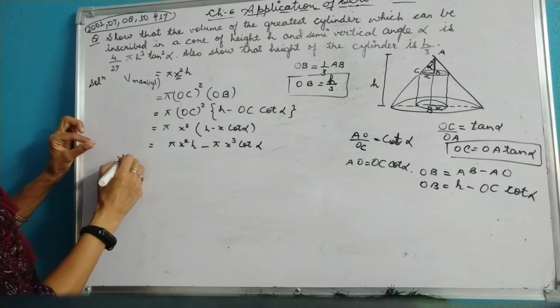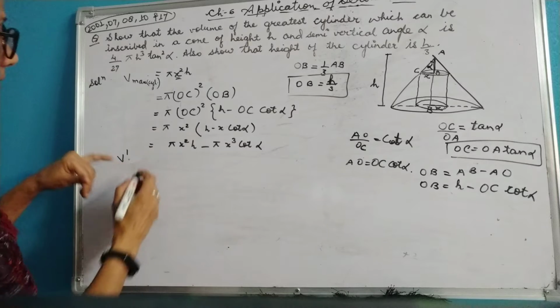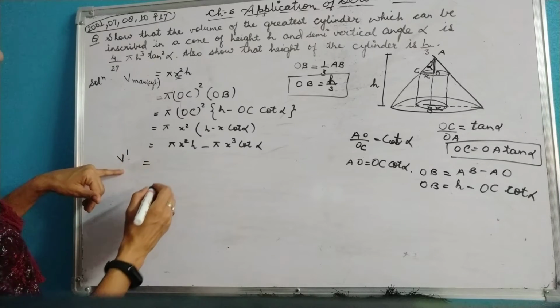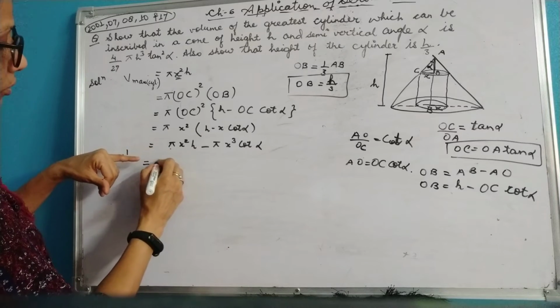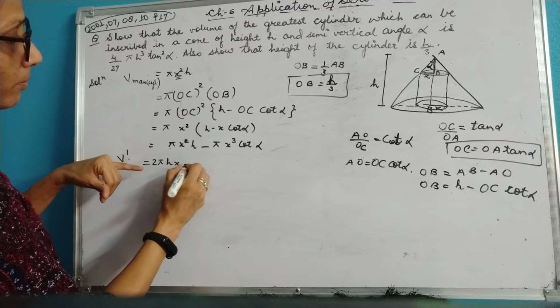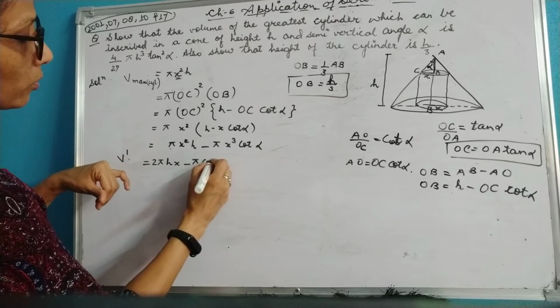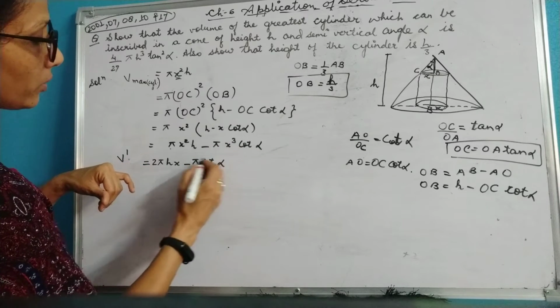Now, to find the critical points, I need to calculate my first derivative. So let's calculate the first derivative. Pi and h are constant. Differentiation of x square is 2x, minus, again pi cot alpha is constant, so here it will be 3x square.